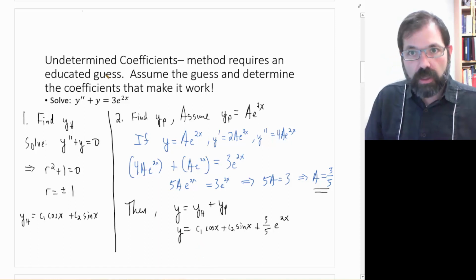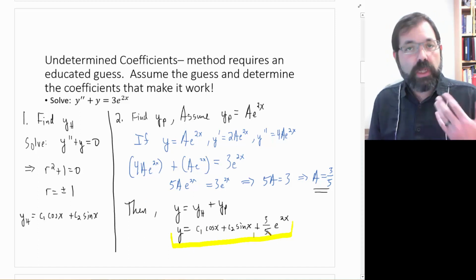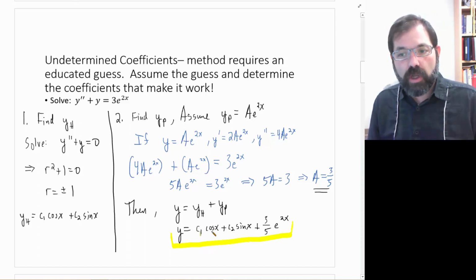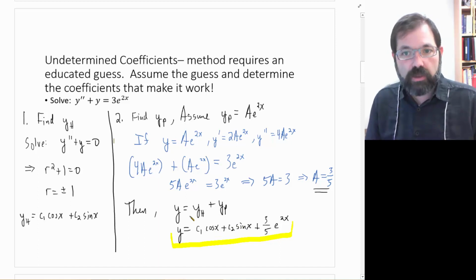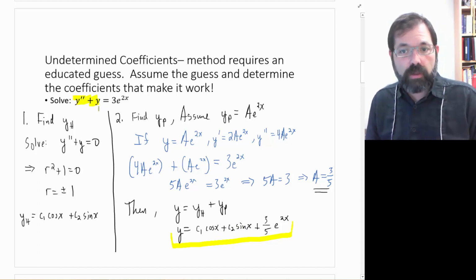We can see why this must be the solution. If I substitute this into the differential equation, then notice the c1 cosine x plus c2 sine x, upon adding it to its second derivative, will give me 0.